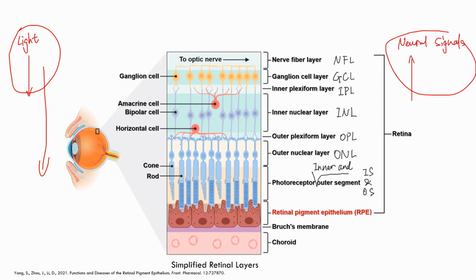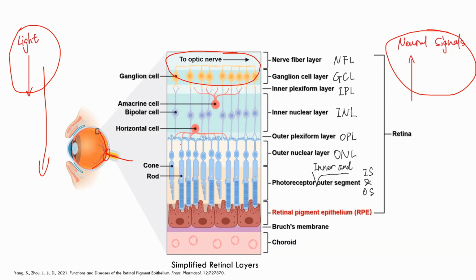When the neural signals approach and reach the top of the retina, they will be transmitted by this optic nerve at the surface of the retina here. And these optic nerves will all congregate at this optic head or optic disc, and then the optic nerve fibers will transmit the signal to the brain.